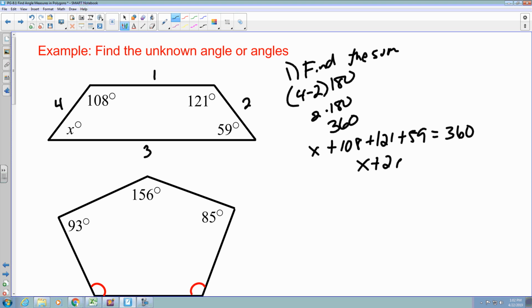So x plus 288 is equal to 360. Then we take 360 minus 288. x in this case is going to be 72 degrees. So x was the singular angle. They wanted you to find that unknown angle. That's how we find it.